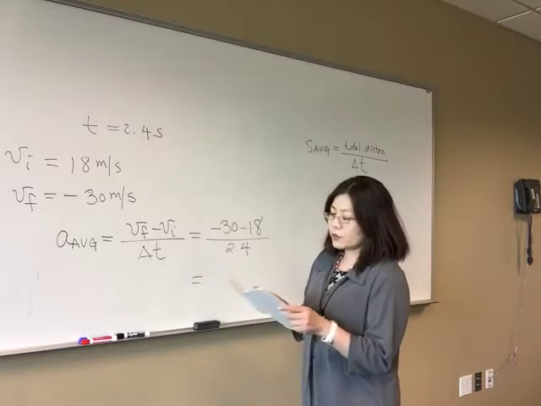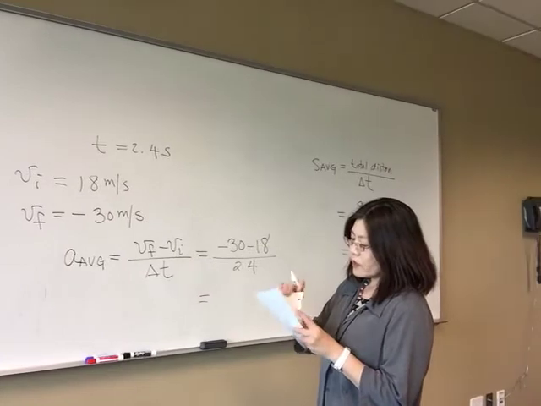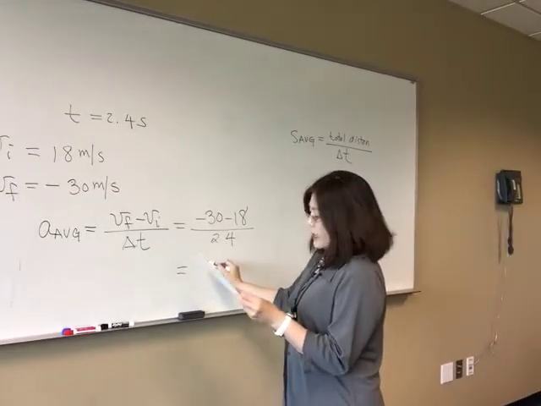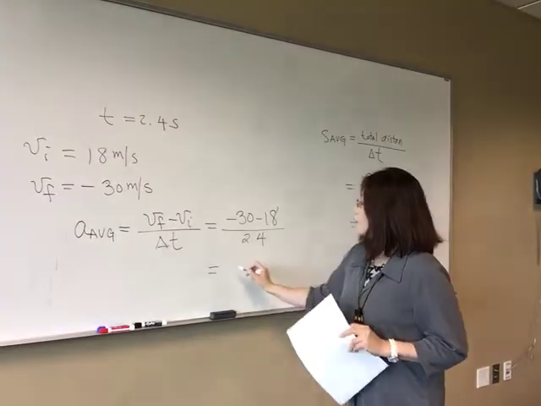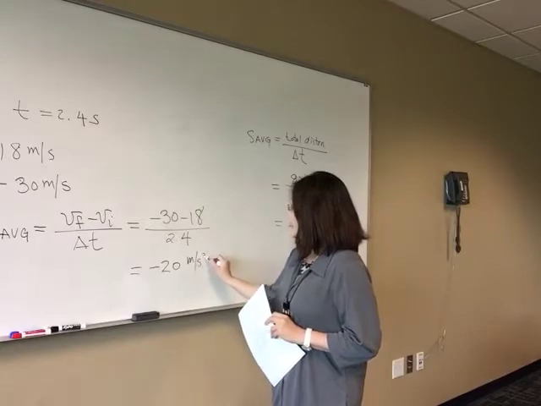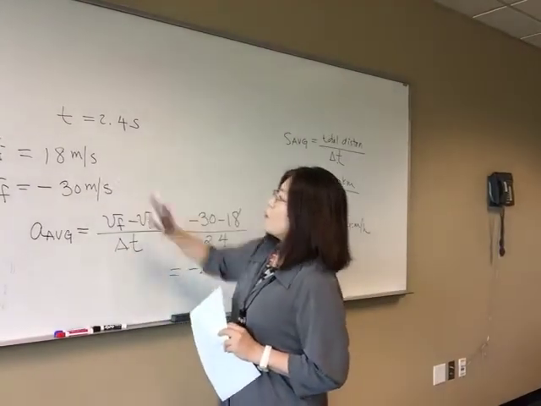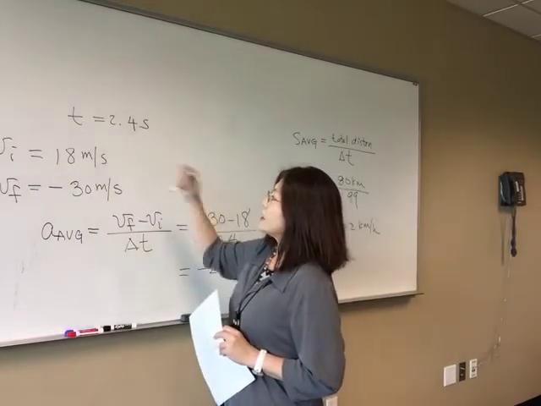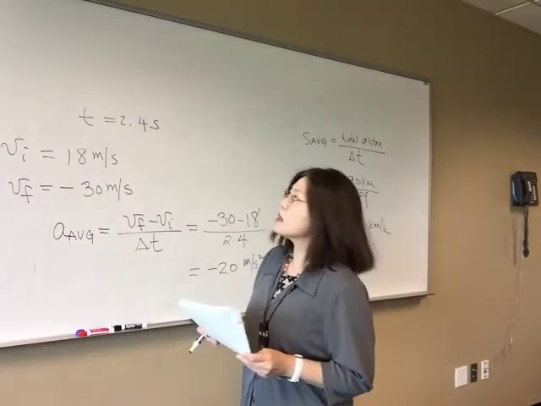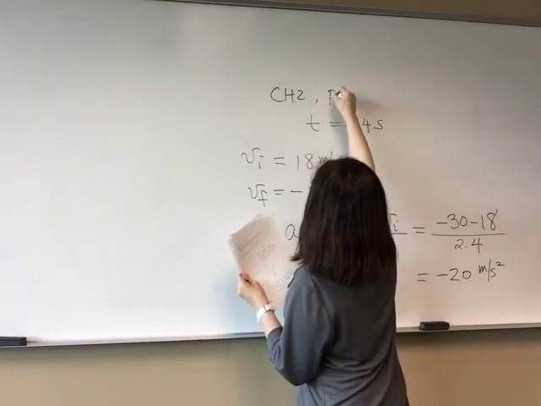After you do the calculation, you have negative 48 over 2.4, so you get negative 20, and the unit is meters per second squared. So this is the average acceleration for when the velocity changed from 18 meters per second to negative 30 meters per second. Okay, so that is chapter 2, problem 19.